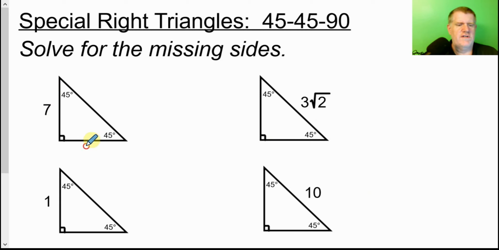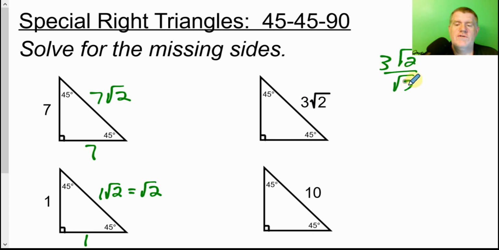If this is 7, that's 7. The hypotenuse is 7 roots of 2. That's it. 1, 1, 1 root of 2, which is just root of 2. Oh, the hypotenuse is 3 roots of 2. We have to divide by that. So 3 roots of 2 divided by root of 2 is 3. These are both 3. It's pretty easy to see the pattern now.